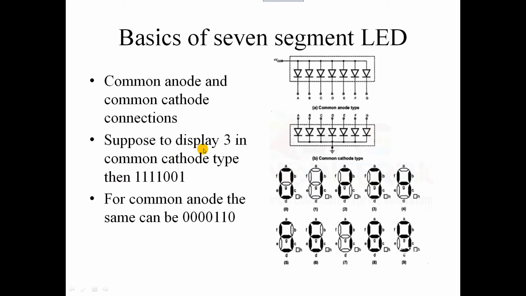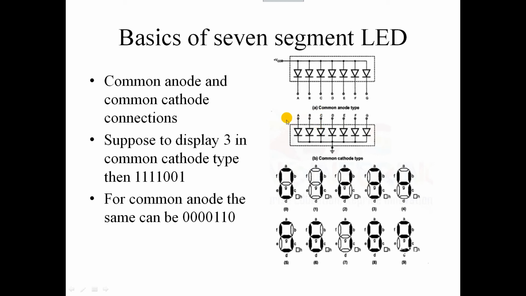Suppose to display the 3, we need to have A, B, G, C, D on. So we will be supplying 1111001 for the common cathode type, because the common cathode type will have the negative terminal of the LEDs shorted to the ground.